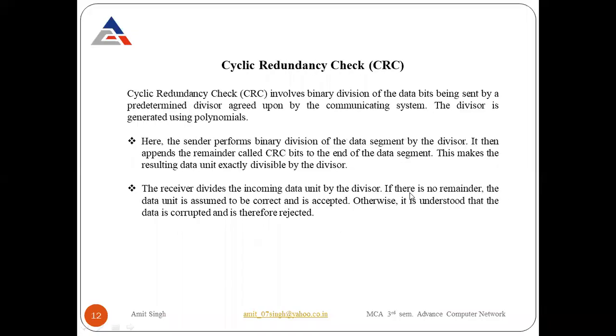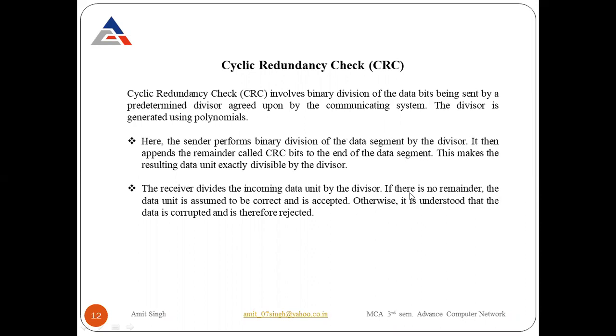And the last one is the CRC, the cyclic redundancy check. Cyclic redundancy check involves the binary division of the data bits being sent by a predetermined divisor agreed upon by the communication system. The divisor is generated using polynomials.